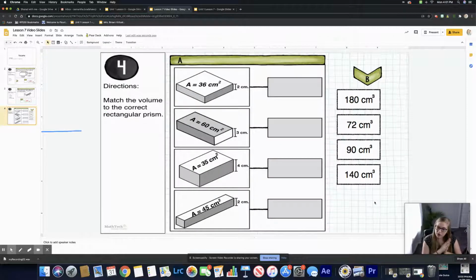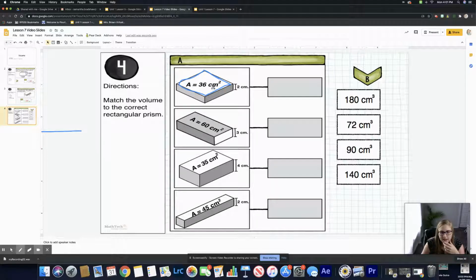All right, the next type of problem you're going to see is like this. This one is actually a little bit harder than the ones that you're going to see today. So the directions: match the volume to the correct rectangular prism. I have 4 different problems here. Think back to when you learned about area and perimeter. Right here on every figure, they found the area of the base.